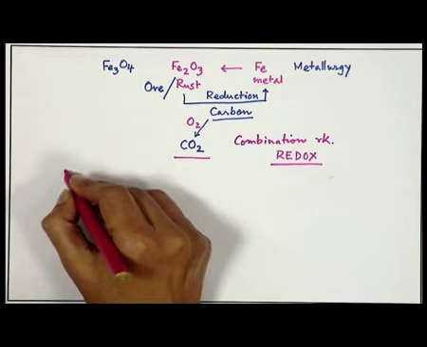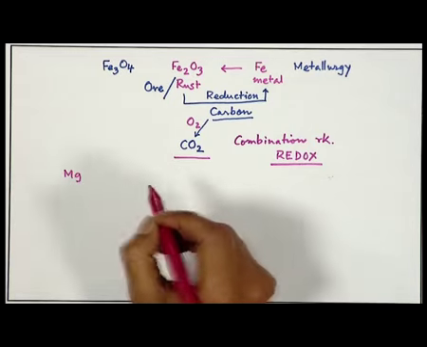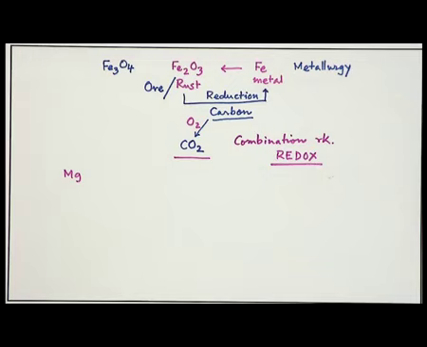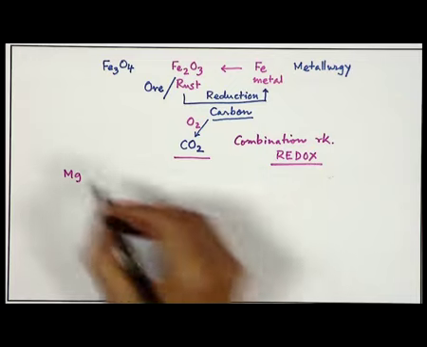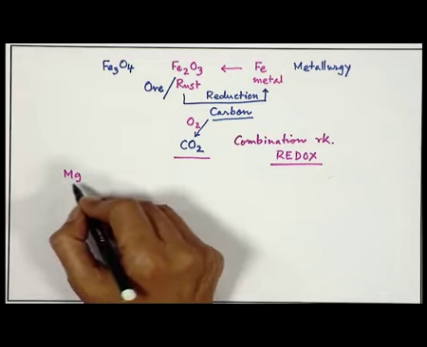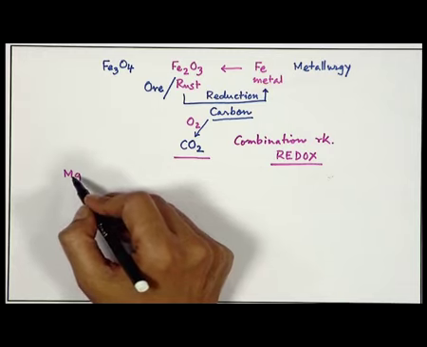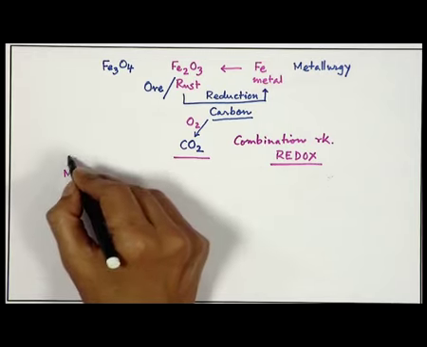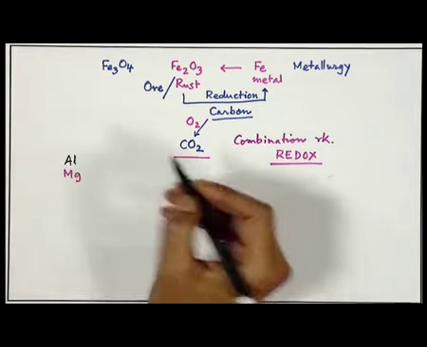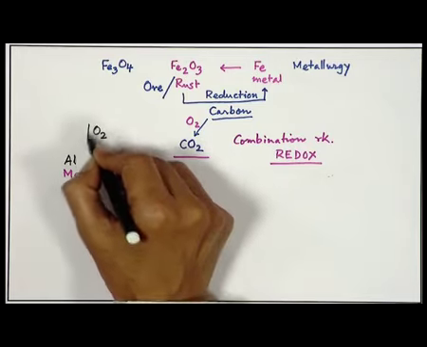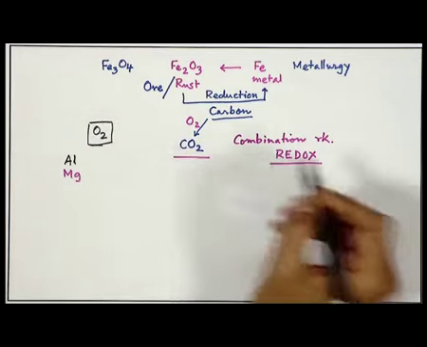So, what about some more examples? Magnesium we can use as the corresponding species for this combination reaction. As we have seen, magnesium we can use, aluminum we can use. So, if O2 is there, that means one reagent is our O2.